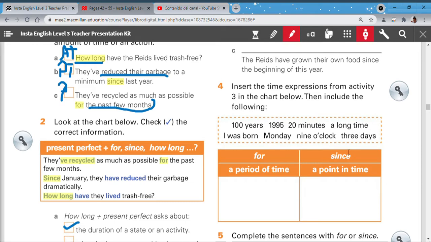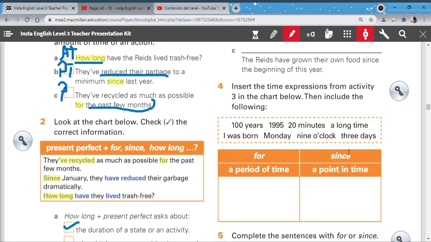Okay, let's see. If I say a period of time, no, I can say 2 years, 2 years now. Okay, for 2 years now, for 100 years, for a long time, for 3 years, for 20 minutes. Okay, that is the example. What about since?